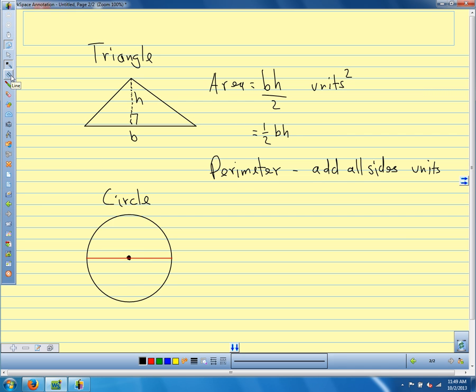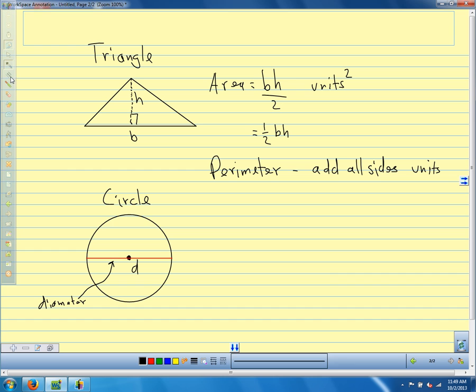So what do we call that red line for a circle? Diameter. Diameter goes all the way across. So I'm going to draw an arrow to it. So that's the diameter. I'm going to label that D.